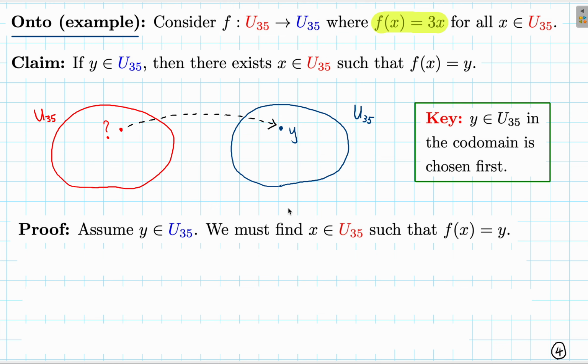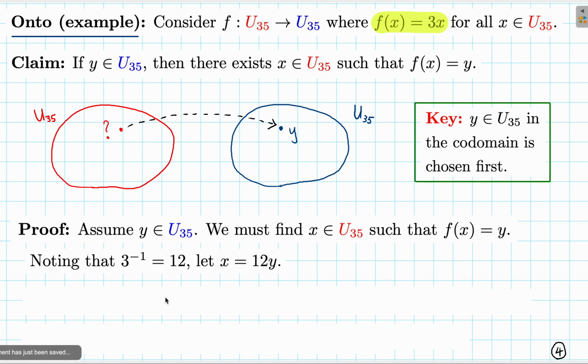So if we're starting with an element in the codomain, then it seems like 1/3 y might be a good candidate, because if you plug 1/3 y into the function, it gets tripled, and we end up with y. Now, we don't really have 1/3 here, but once again, we note that the multiplicative inverse of 3 is 12.